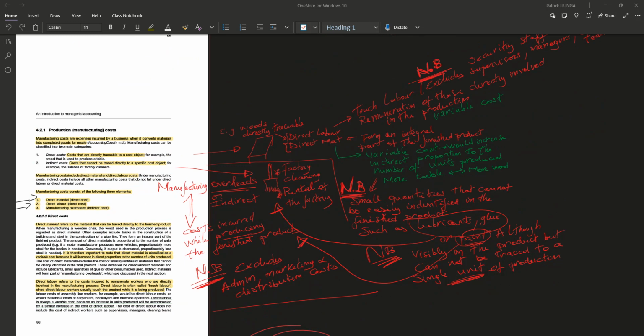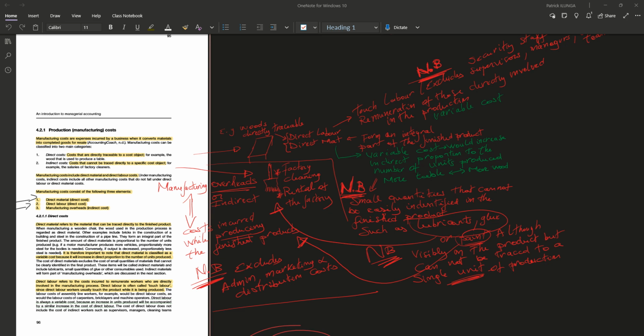They are visibly not there, or they are in such small quantities that you cannot easily identify them in the finished product. So like I said, that would be glue, that would be paint, that would be lubricant. They might be visible, such as paint, it might be visible.